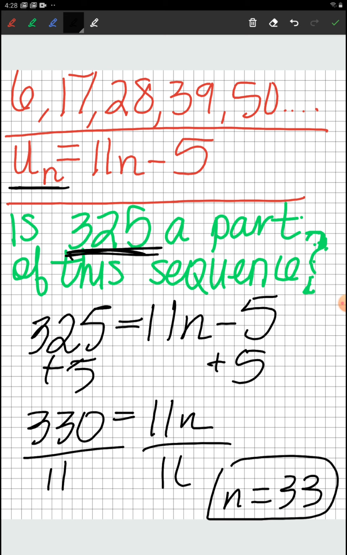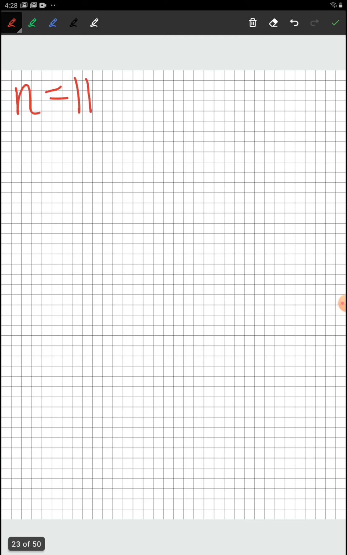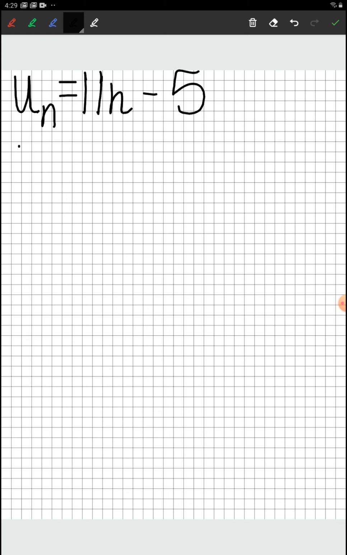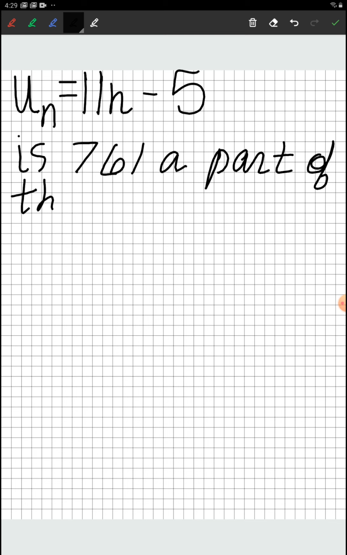We're going to do one more portion. We're going to determine, is 761 a part of this sequence? So moving on. U sub n equals 11n minus 5. Is 761 a part of this sequence?